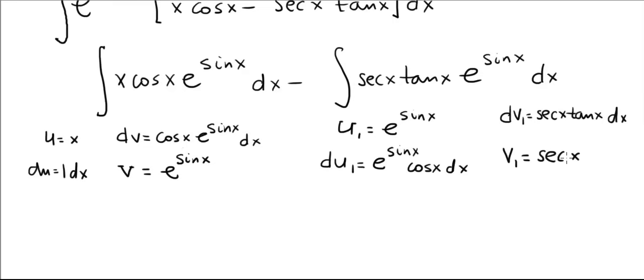It's really the only thing that we can select, because otherwise we either will not be able to differentiate, or the problem will be even more complicated than before.